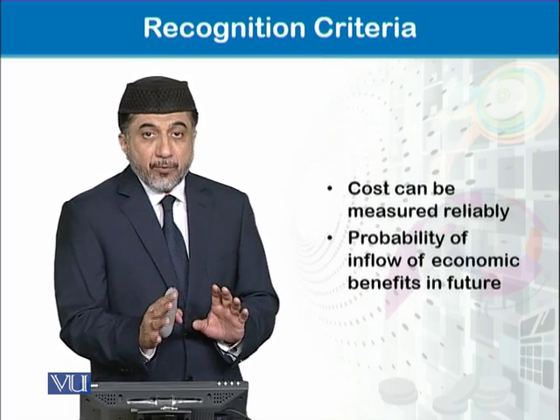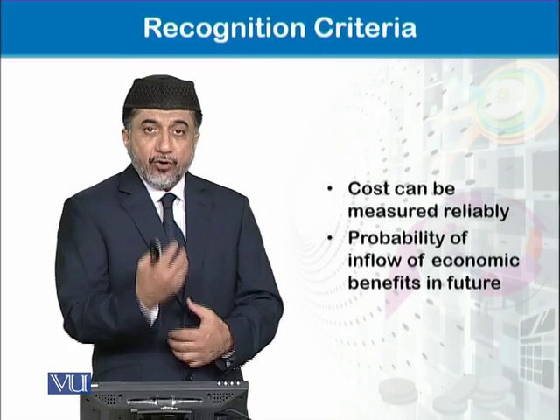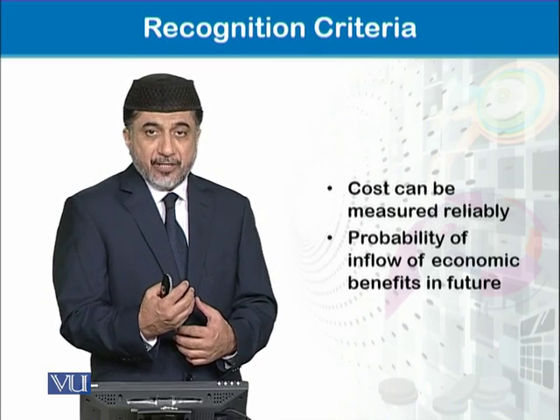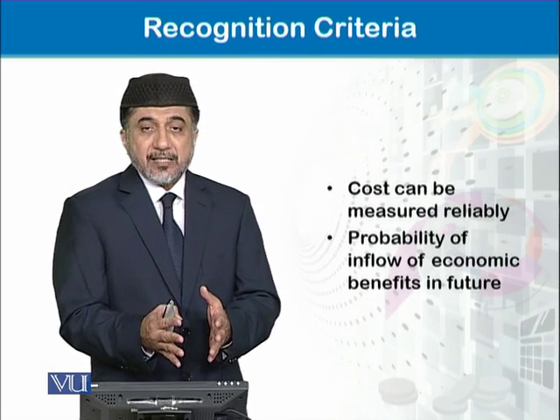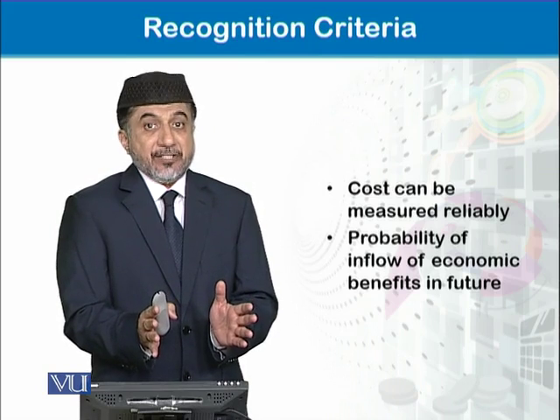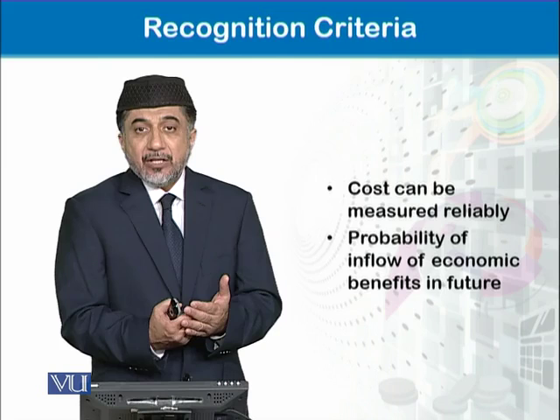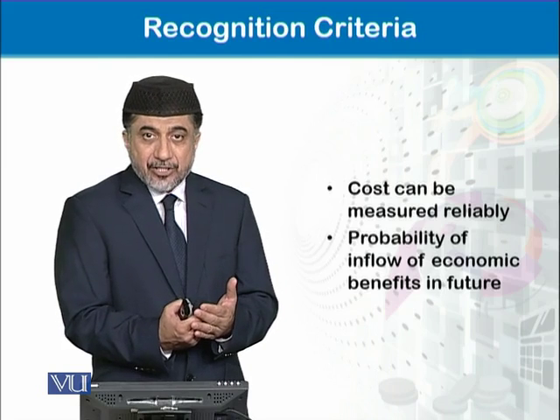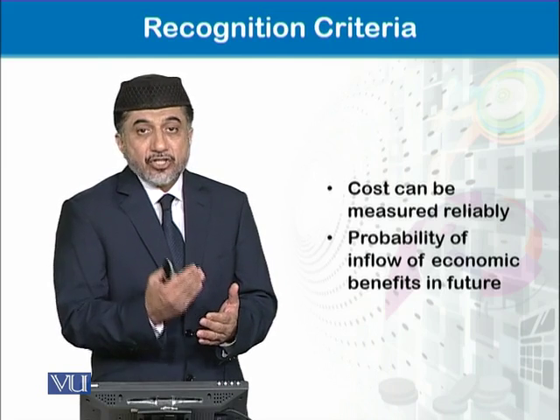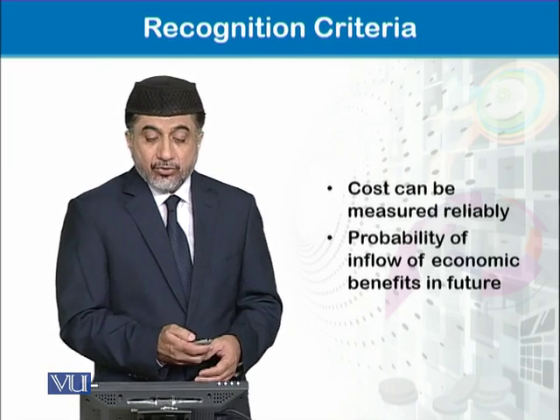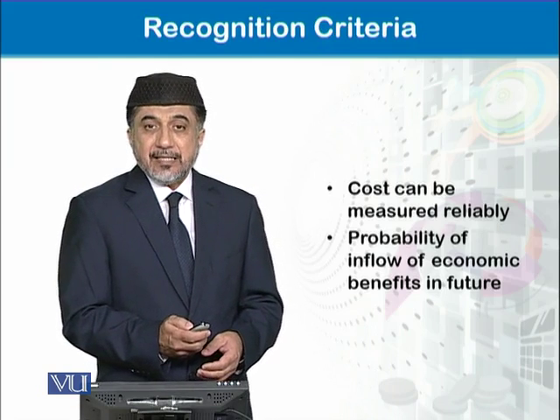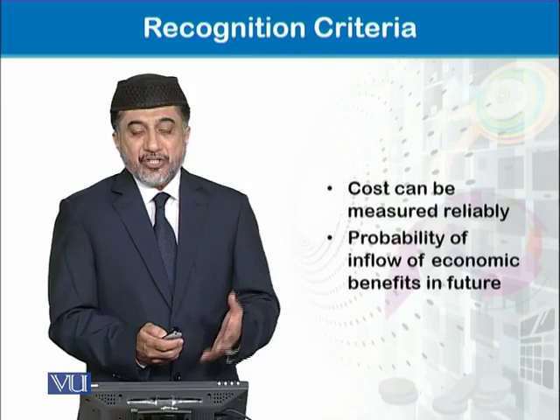If you don't have a probability that there will be inflow of economic benefits to the entity based on these assets, then these are not fixed assets. So future probability of inflow of economic benefits and reliable measurement of cost are the two criteria to recognize these as an asset in the balance sheet.